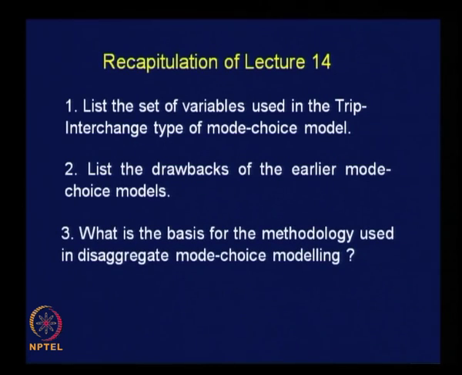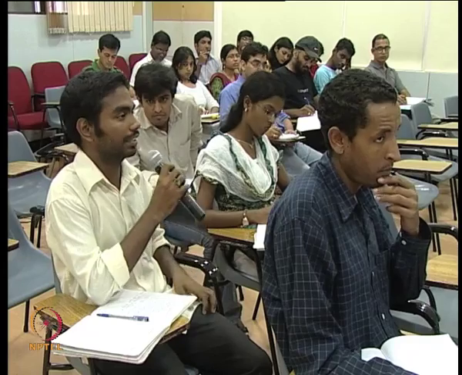Third question is this: what is the basis for the methodology used in disaggregate mode choice modeling? Basis or the theory behind the disaggregate mode choice model. The utility of the particular mode which is being used by the travelers, that is the basis for this disaggregate modeling.